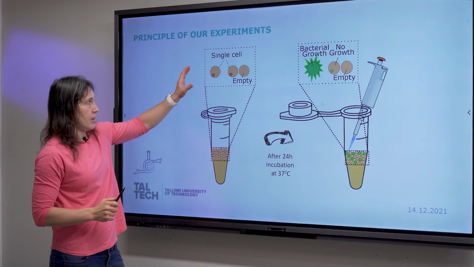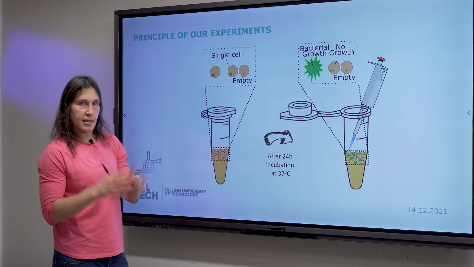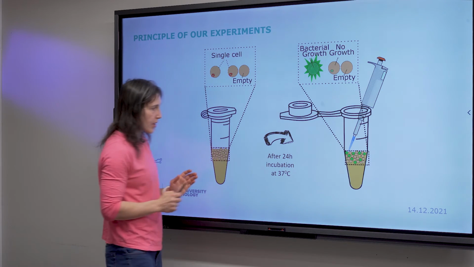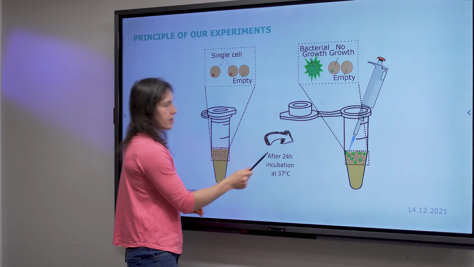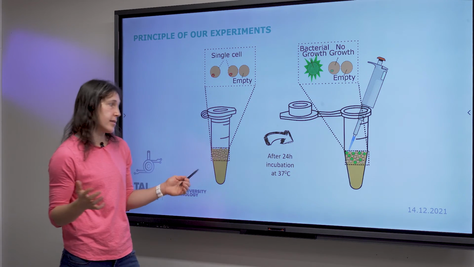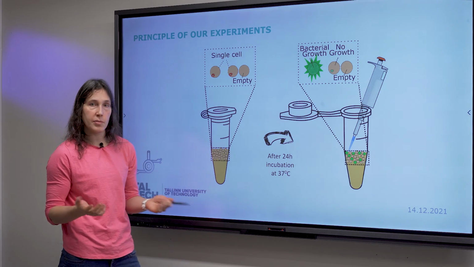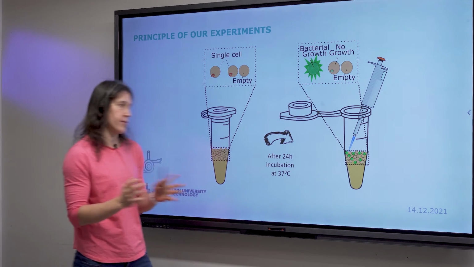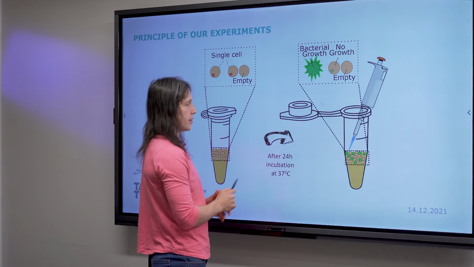But this still isn't enough to emit fluorescence. So that is also why we incubate. And for E. coli, it's 24 hours. But if there was a different bacteria, maybe you would have a different time period.